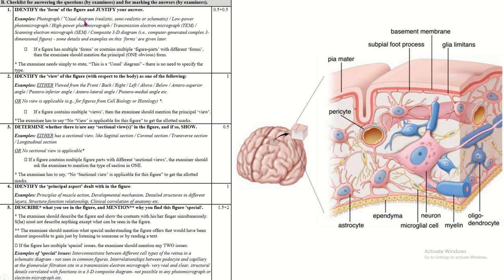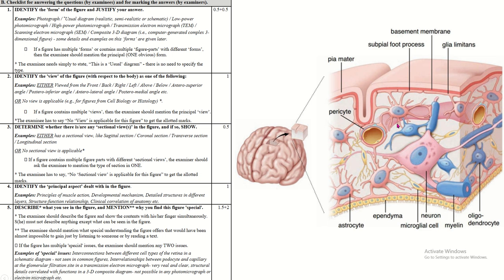Only say usual diagram. And there are other types: low power photo micrograph, high power photo micrograph, transmission electron micrograph, scanning electron micrograph, composite 3D diagram. So this is the usual diagram.